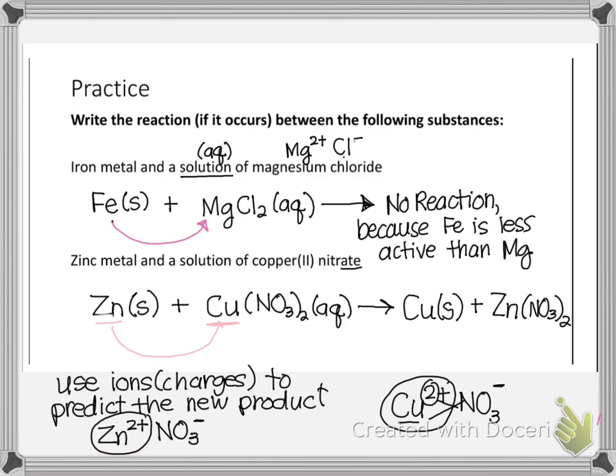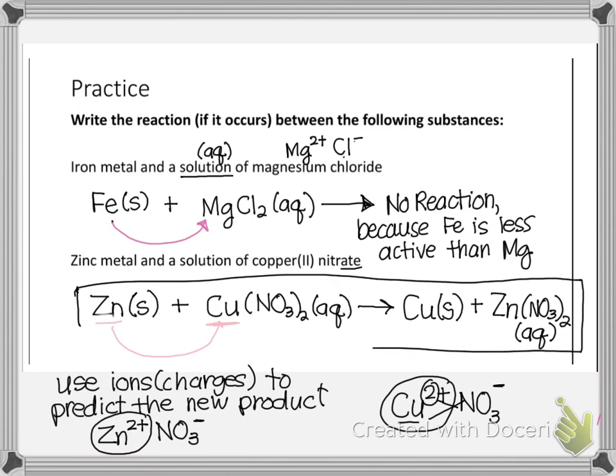So when they were switching places, it literally was like they were just switching places because they have the same charge, so they can just replace one another. And so this right here, oops, this is AQ, sorry. This right here would be the completed answer for that problem.